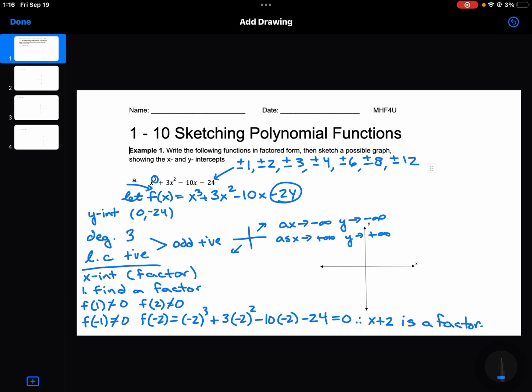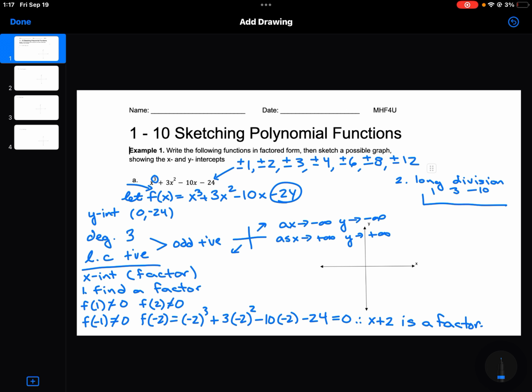Once I have found a factor, that was my step number 1. Step 2 is now I'm going to do my long division. This can be long division or synthetic division. I'm just trying to take out the factor that I found from my cubic polynomial. I am going to use synthetic division here.